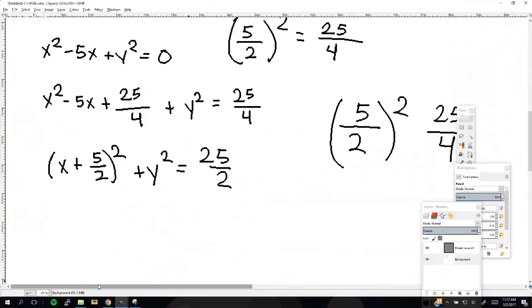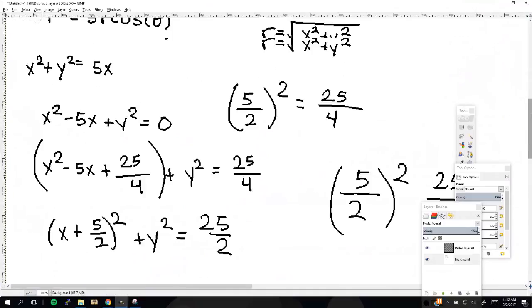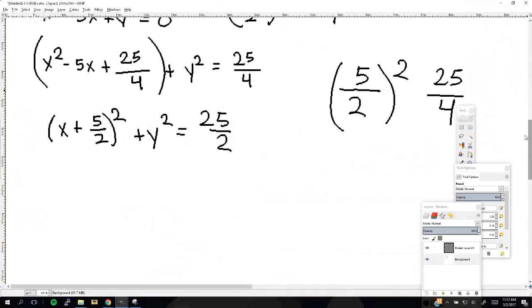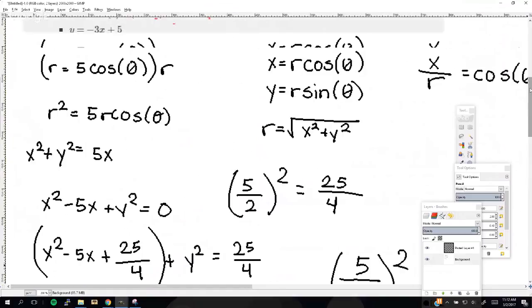And he said to add that to both sides. Then you factor this by taking this middle number, which is 5, and dividing it by 2. Okay, that makes sense. Jeez, there are so many ways to do this. Okay, well, we got it. Yay!